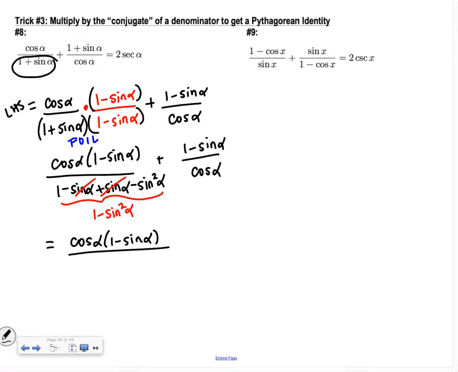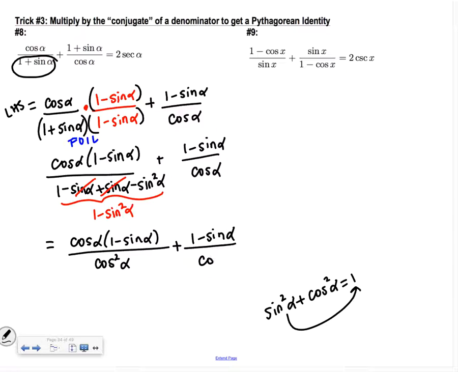And then on the bottom, I had 1 minus sine squared alpha, which if you write your Pythagorean identity out, sometimes it's hard to see when you're first learning these, I get it. You have sine squared alpha plus cosine squared alpha equals 1. So when you have 1 minus the sine squared, right, subtract it over, you're left with cosine squared. So I end up getting cosine squared alpha. And that's important to me because I had a cosine on the top, which will now reduce.